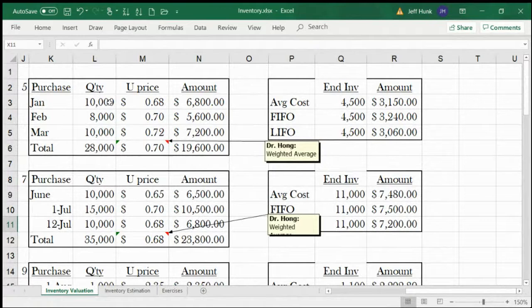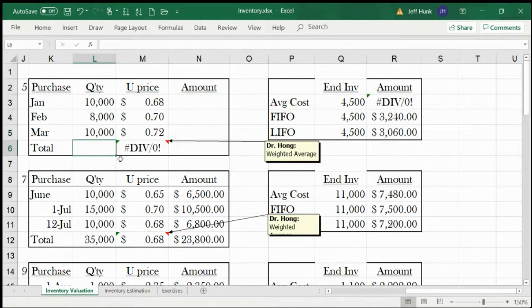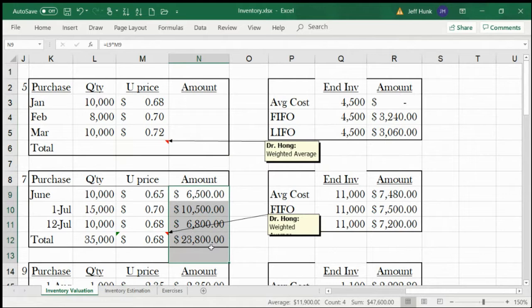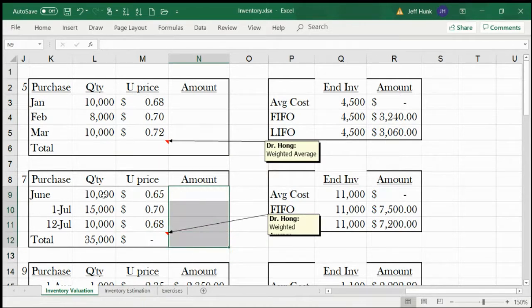So let's take a look at this example. Let me first delete and clear out all these.